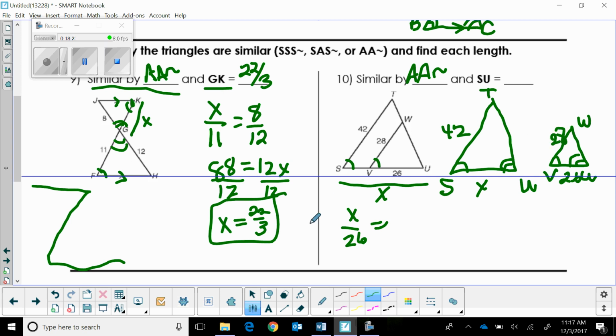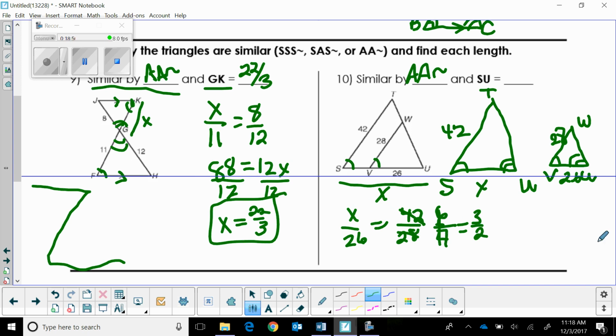So if we're going to set the second one up, we need to set up 42 is to 28. And let's reduce first. Because we've got 42 over 28, can't we reduce that to, let's see, 6 over 4, which then reduces to 3/2. There we go. That reduces nicely. Now let's cross multiply.